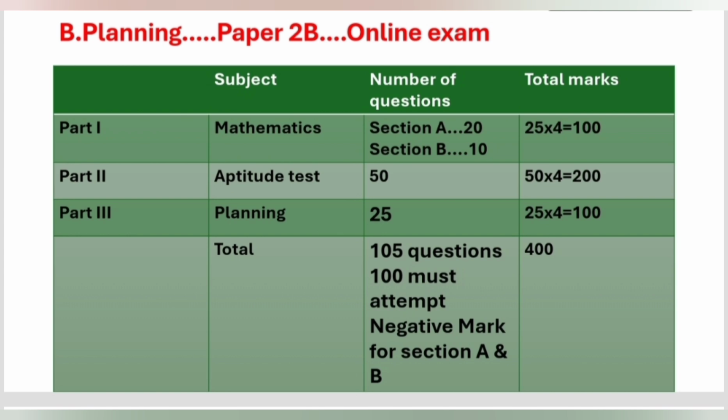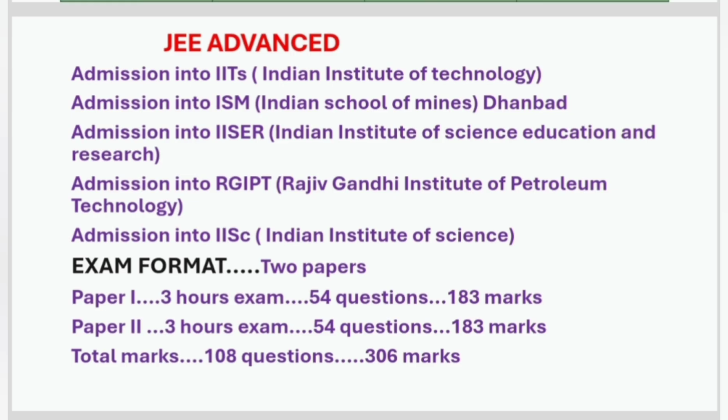Part 2 is the aptitude test. 50 questions will be asked, 50 into 4, 200 marks. And Part 3 is planning. 25 questions will be asked, and each question carries 4 marks, 25 into 4, 100 marks. So totally 105 questions will be asked, and 100 questions you have to attempt. The total marks for B Planning is 400. There will be negative marking for Section A as well as Section B. Hope you got an idea about JEE Mains.